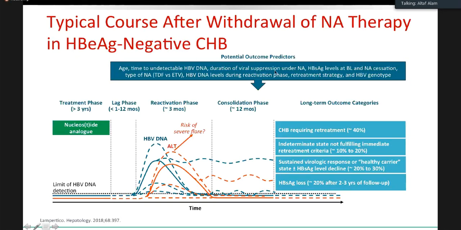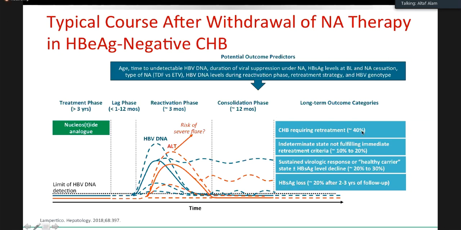Why are the guidelines recommending stopping therapy in non-cirrhotic E antigen negative patients? Because of this fact that almost all develop a flare, and 20% lose surface antigen. So they become sustained virological responders of the highest degree that you desire.